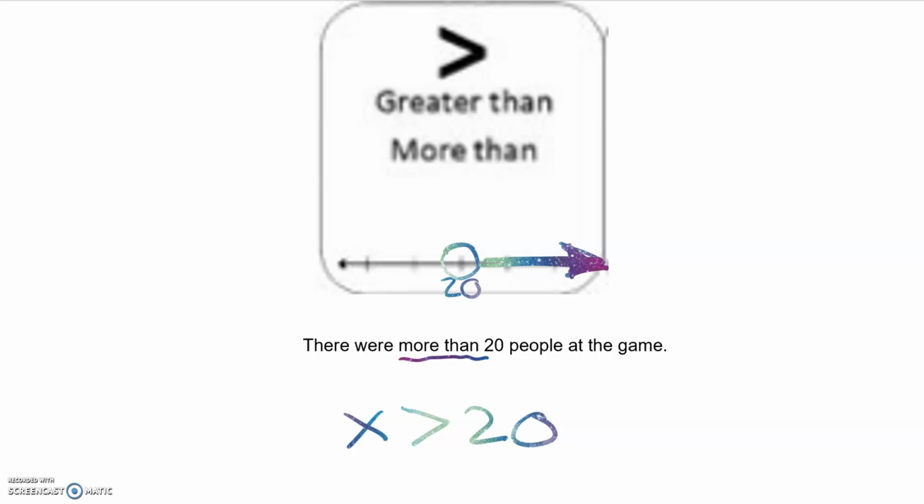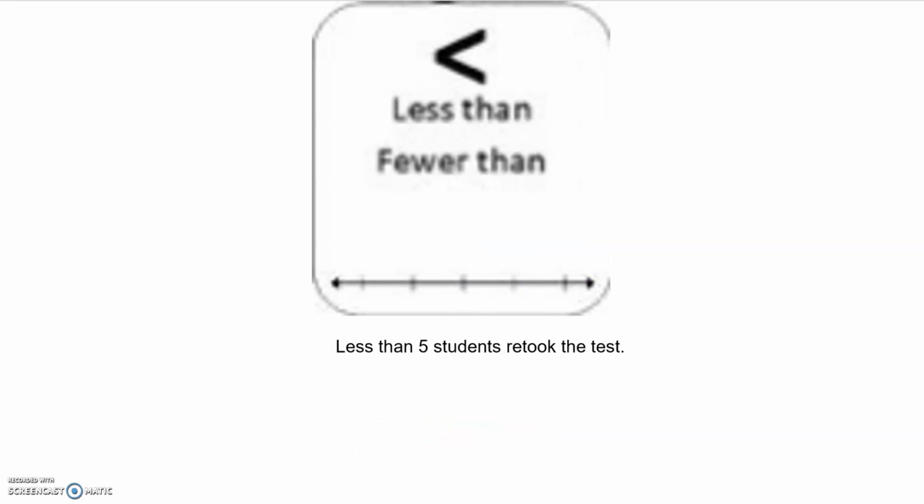Less than 5 students retook the test. So the number of students is less than, I don't know the number, so I use X, 5. I'd say X is less than 5. On my number line, I would draw a 5, I'd put an open circle, and my arrow goes to the left. So when I'm translating these, my X really should come first.